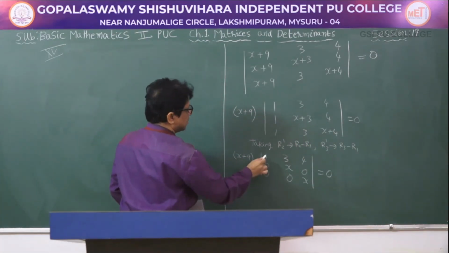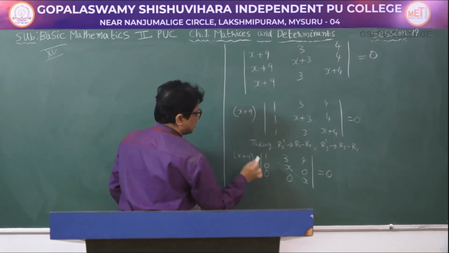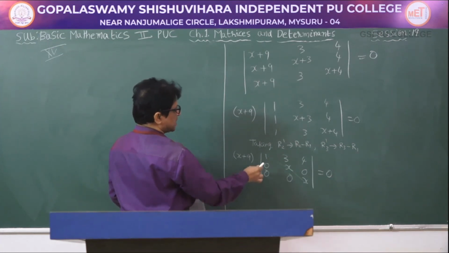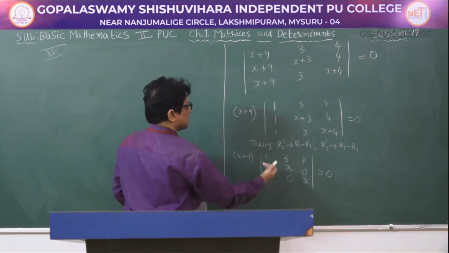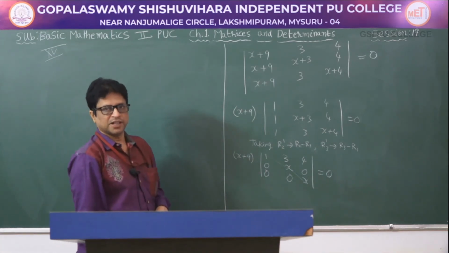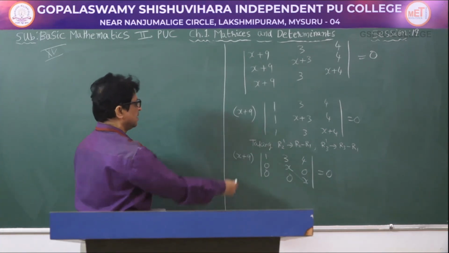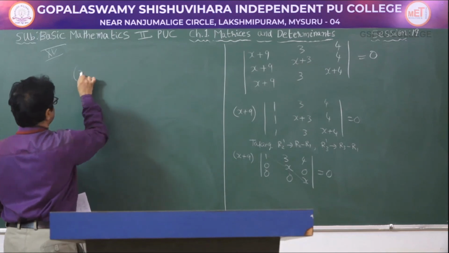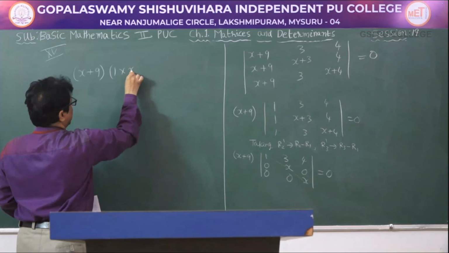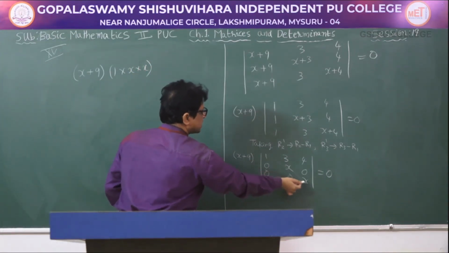If we observe here, on one side of the principal diagonal elements, all the elements are zeros. Therefore, we know that if in a determinant on one side of the principal diagonal or both sides of the principal diagonal, the elements are zeros, then the value of the determinant is the product of the principal diagonal elements. So, this implies x plus 9 into 1 into x into x. So, here the principal diagonal elements are 1, x, x.